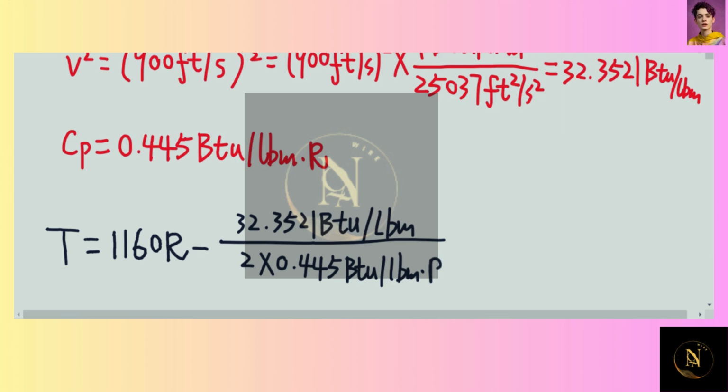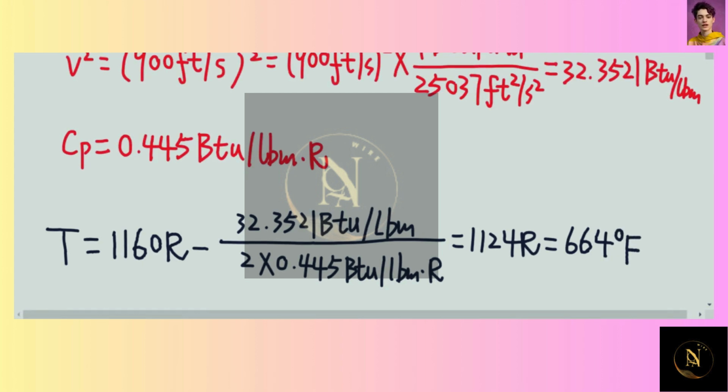And this will give us the temperature is about 1124 Rankine. If we convert to degree Fahrenheit, it's 664 degrees Fahrenheit. So this is the value for the static temperature.